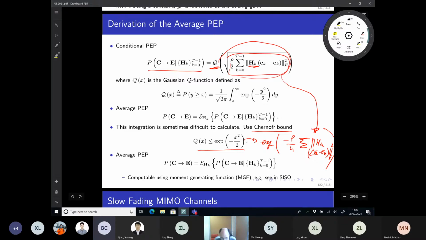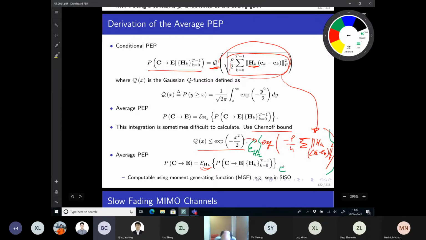Now what do we do next? We need to do an average. We need to compute the average over all realizations of H, so I'm taking an expectation over H. We end up having to take an expectation over h_k of this quantity. What does that look like? It looks very ugly, but this is nothing else than the moment generating function.